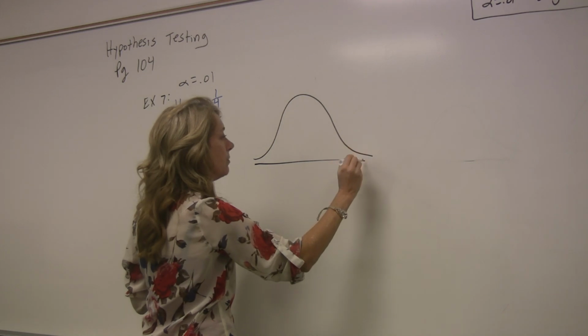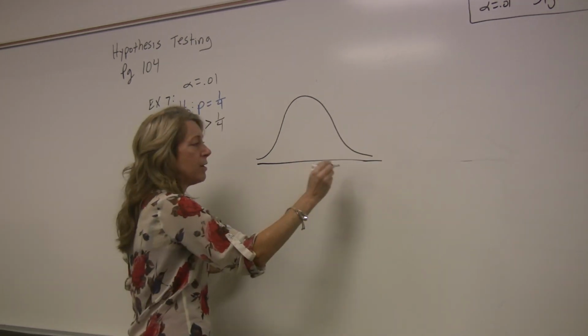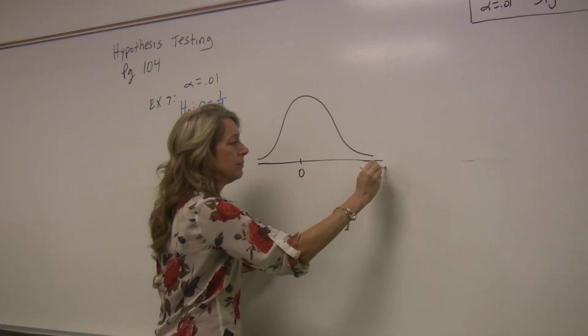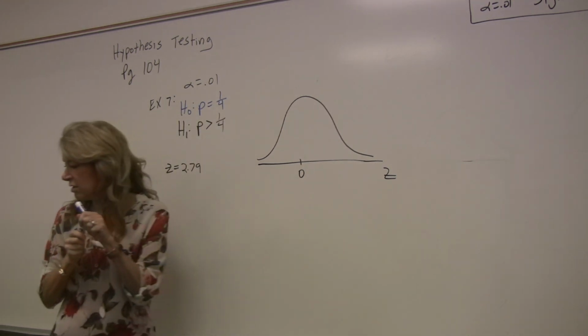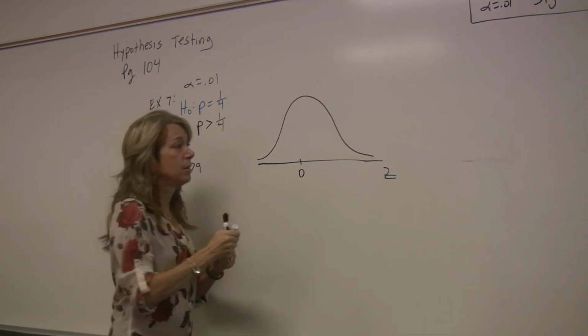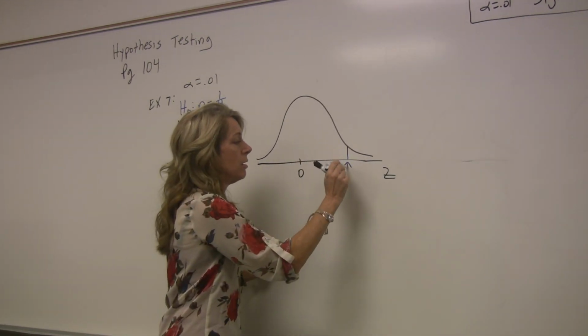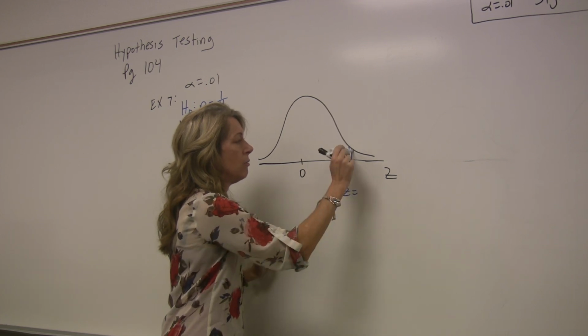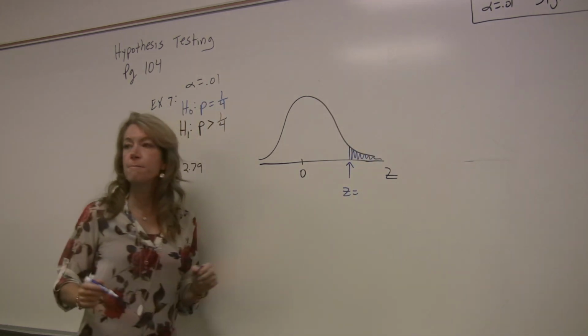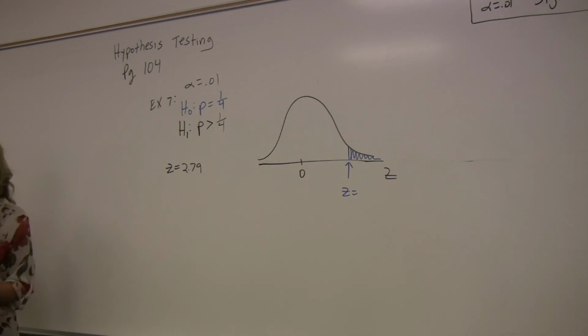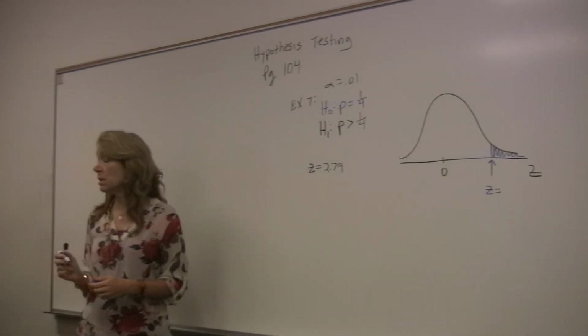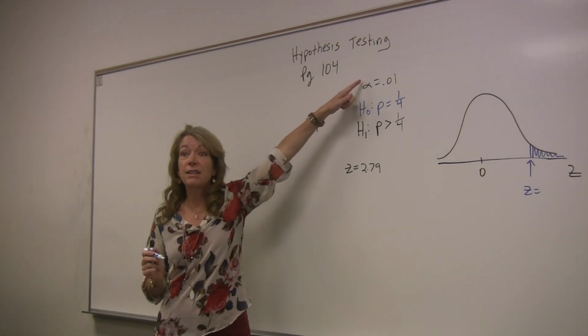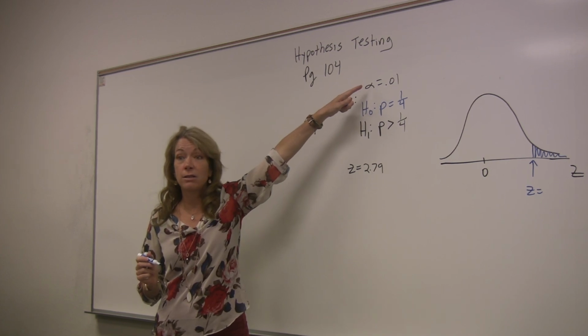Here's my picture. If I'm talking about Z's, you guys have all just decided it's a right-tailed test. What's the area in this tail over here? 0.01, because that gave us our significance level, our alpha, the area in the tails.